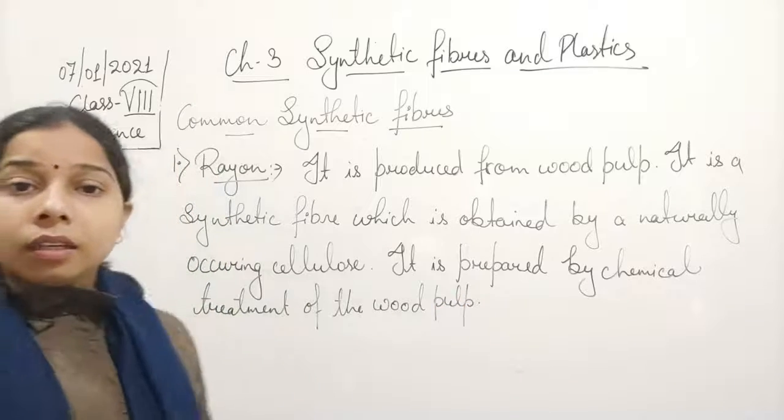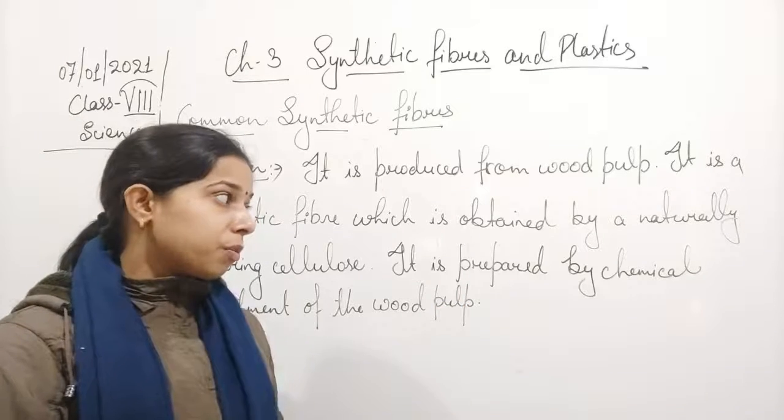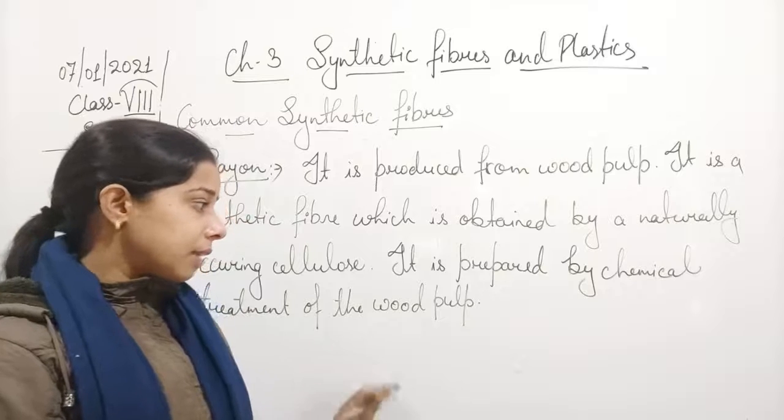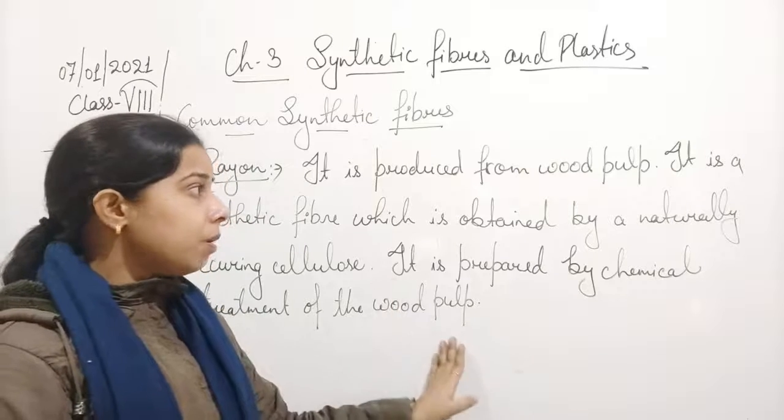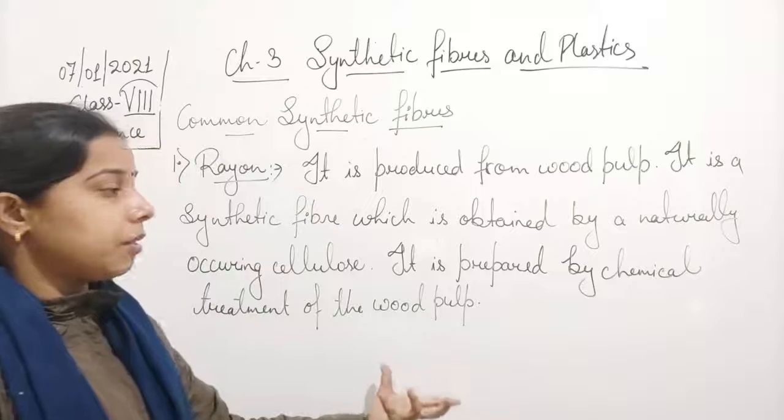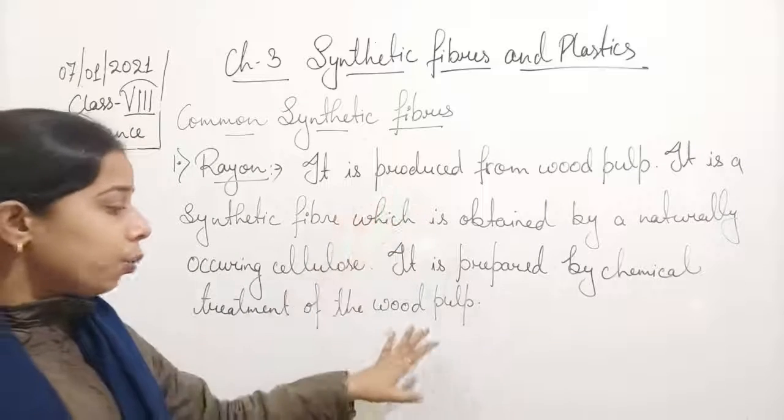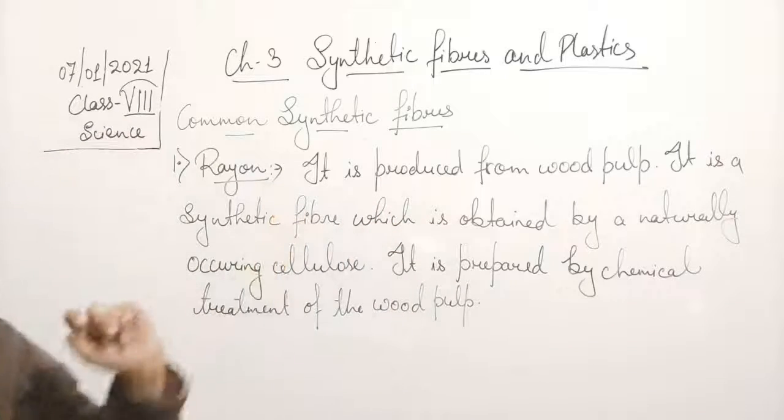Then it undergoes the chemical treatment, due to which this wood pulp is now a synthetic fiber which we can use in the form of rayon.